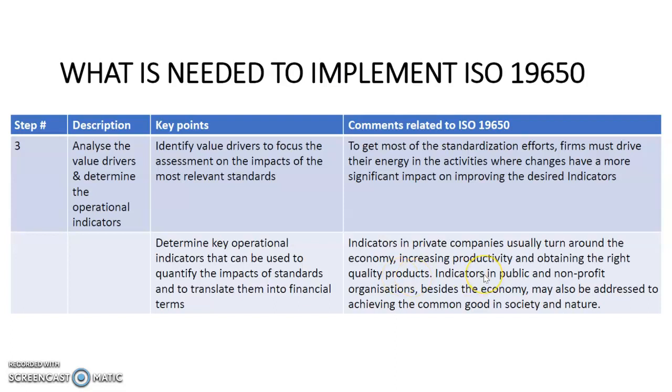For public companies or not-for-profit companies, other than profit or loss, they may also want to address indicators in relation to providing public goods, or of benefit to the community, to society, to nature.